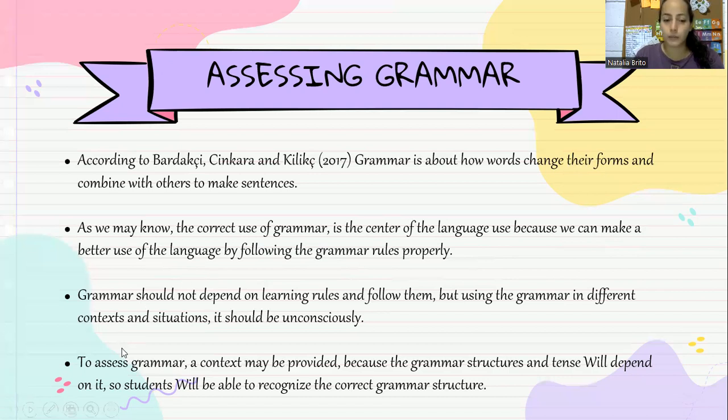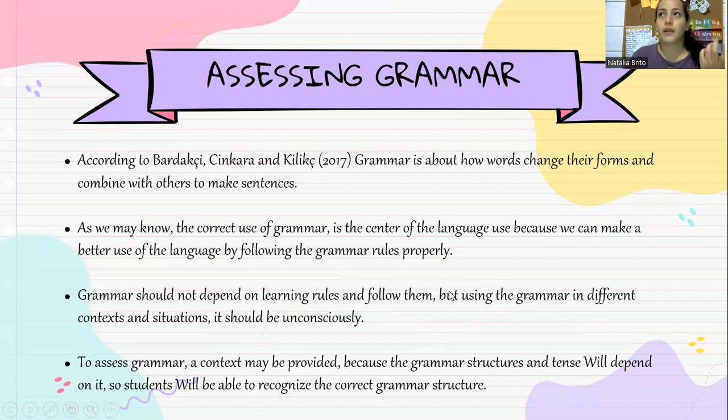In the third point, grammar should not depend on learning rules and following them, but on using the grammar in different contexts and situations, and it should also be unconscious. As I told you before, there are some rules that have to be followed, but it's important to learn when to use them, okay?